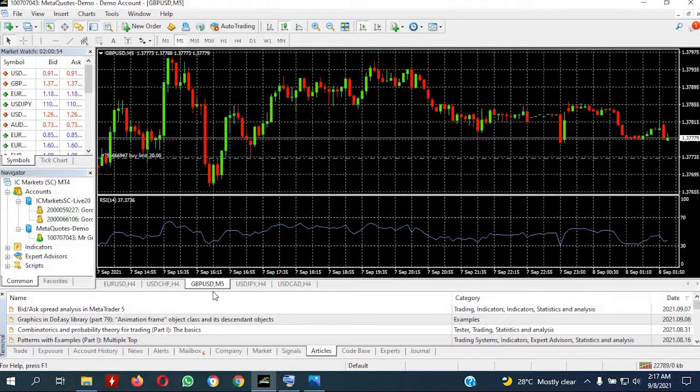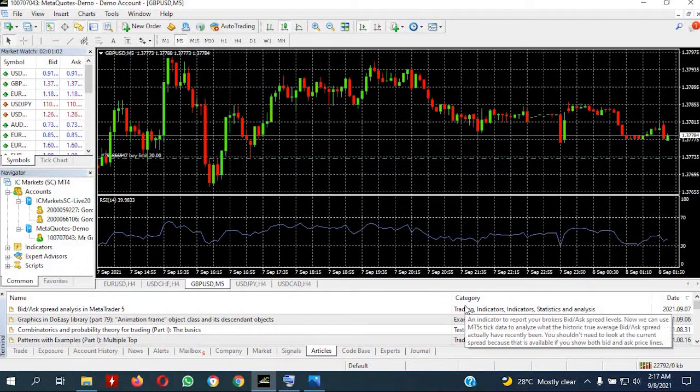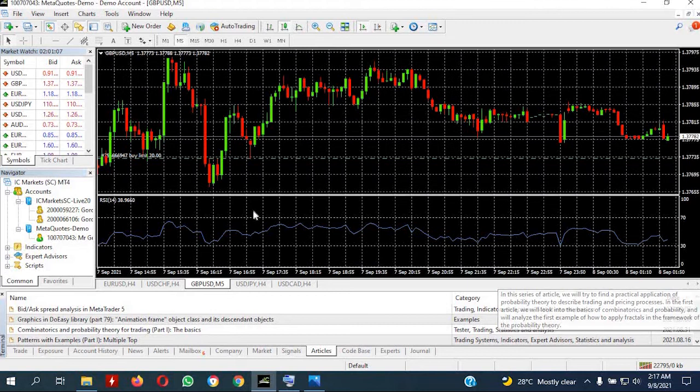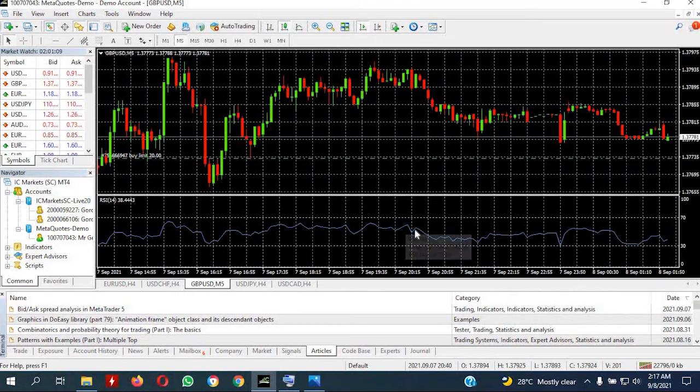So the first thing you'd want to do, before you even enter the trade, is remember one of the rules of trading: never risk more than 2% of your account balance on any one trade.